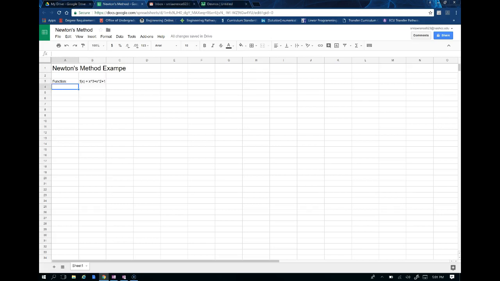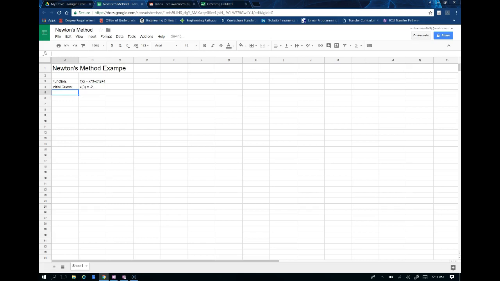And again, if we were to go to Desmos, you would see that this function has an x-intercept pretty close to -2. Not exactly. But my initial guess, which we call x sub 0, is going to be -2.